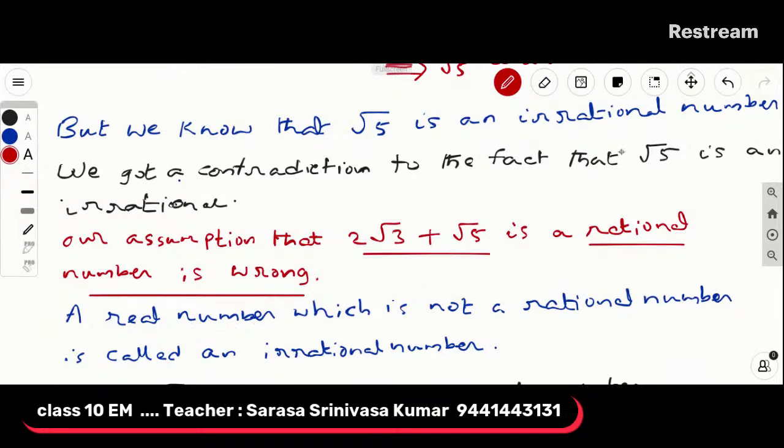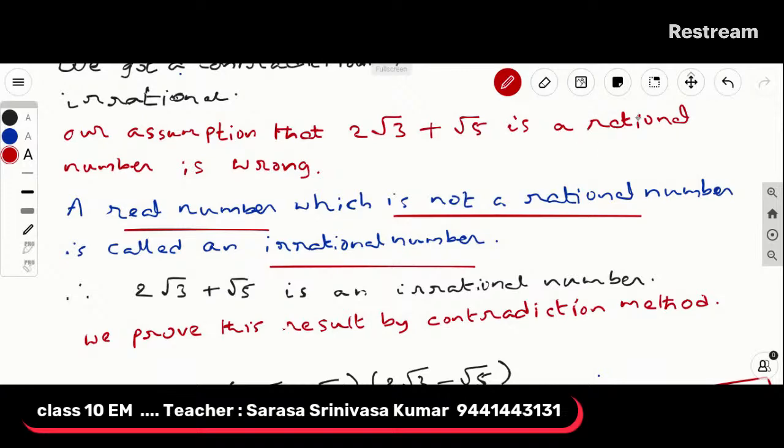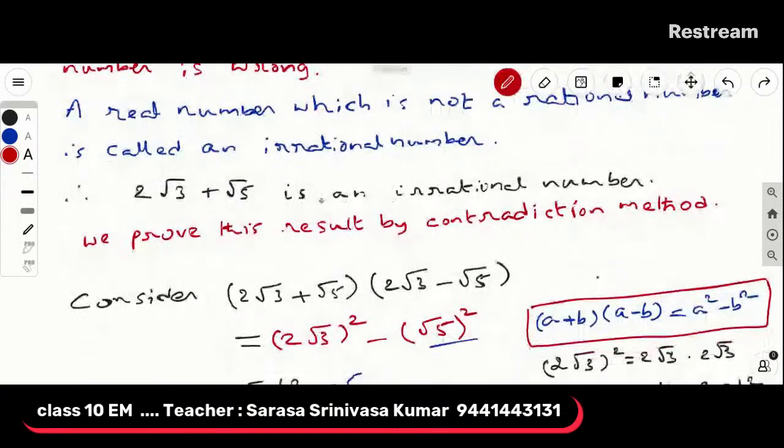If this is not a rational number, then we apply the definition: a real number which is not a rational number is called an irrational number. So using this definition, we can conclude that the given number 2 square root of 3 plus square root of 5 is an irrational number. So we proved this result by the contradiction method.